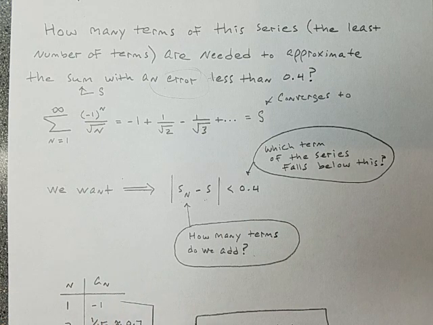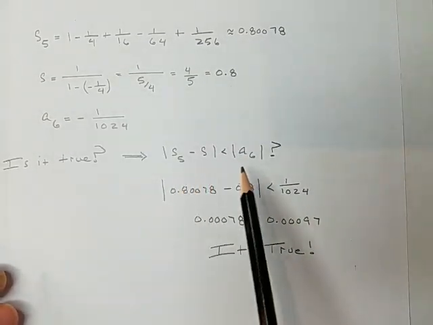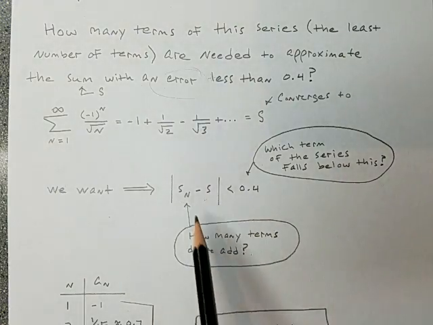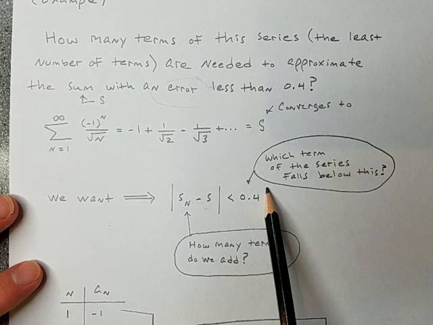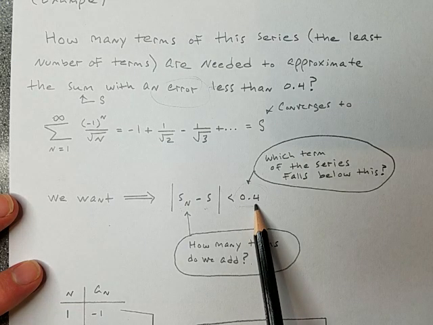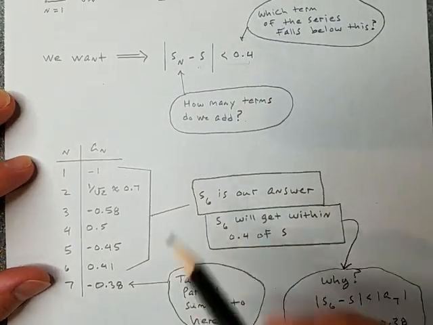Now, that looks a lot like this, doesn't it? Okay, it's the same thing. So I guess I could figure out how many terms to add together, or which partial sum it is, if I found the first term of the series that fell below that number. So look, here's the series, here's the terms, all right?